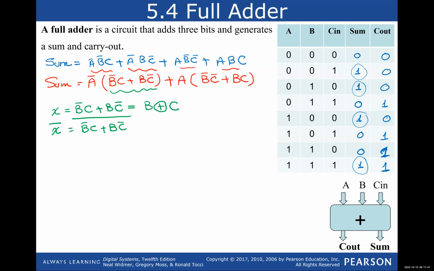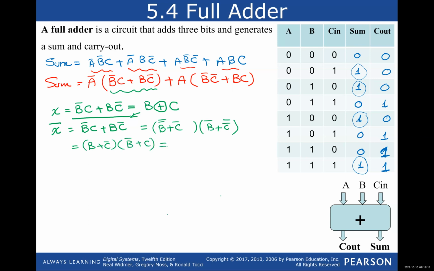De Morgan's theorem. I'm going to change every AND to an OR and every OR to an AND. Because I want to keep the first 2 together and the second 2 together, we're going to put parentheses. I have B complement C, B C complement. Don't forget to break this big bar on top of all. So now you have what? B or C complement, ANDed with B complement or C.